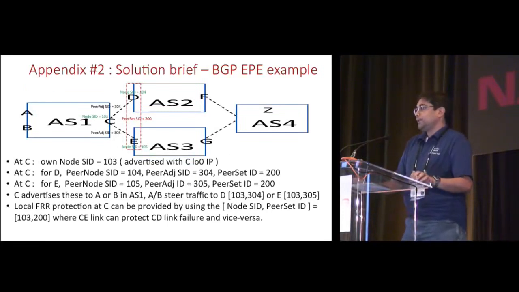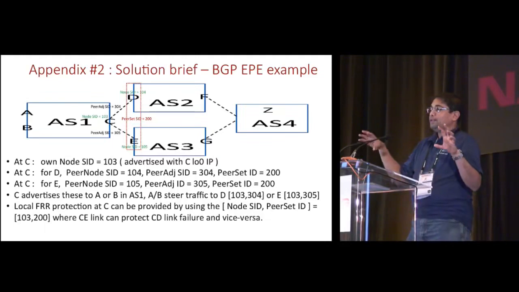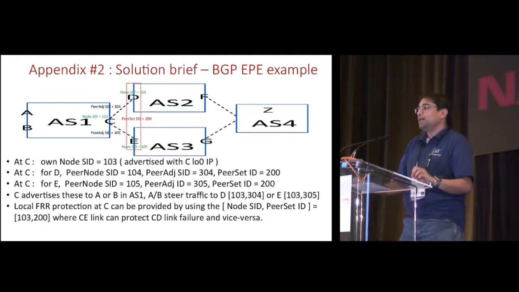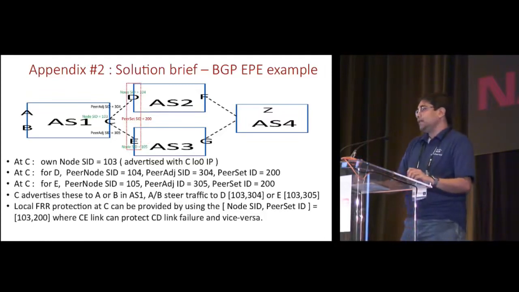Focus on the prefix, the BGP prefix, which is essentially an egress for AS1. Now, for a node in A or B, we can give a way to choose a path from C rather than the default BGP chosen path, say through D. How?